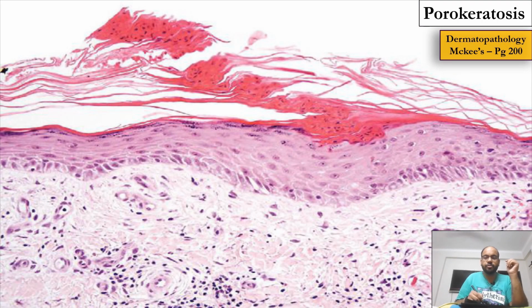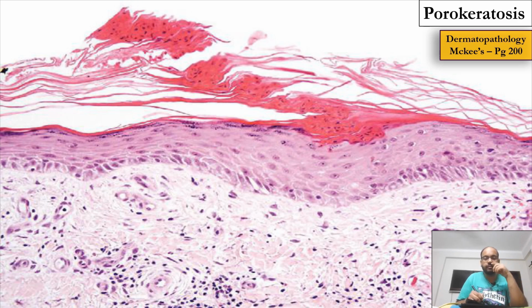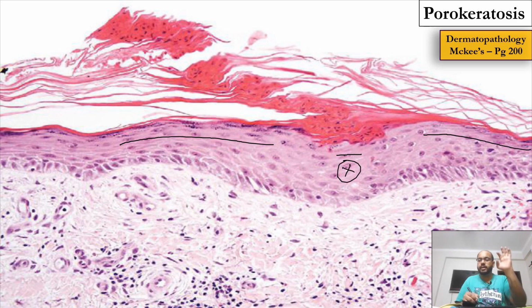So this is another picture from Dermatopathology Mackey, and you can very easily appreciate the obliquely running cornoid lamella. Okay, and if you again look closely, you will find that the granular layer is running from here to here, and it is absent, and then it starts running from here to here. So it is not present just below the cornoid lamella.